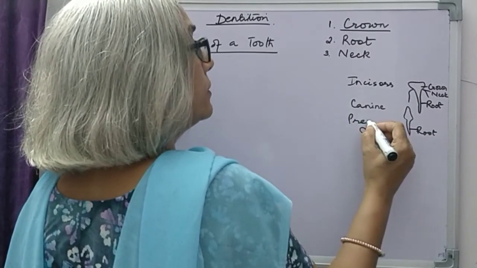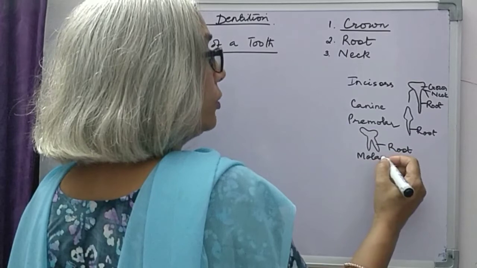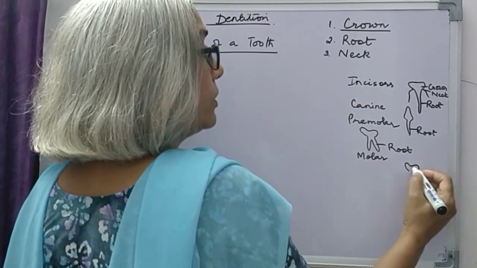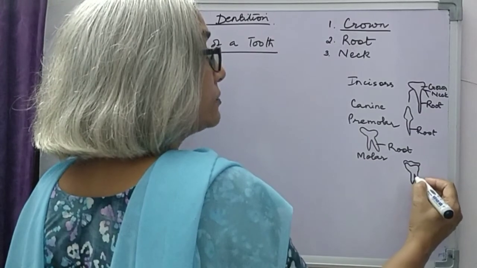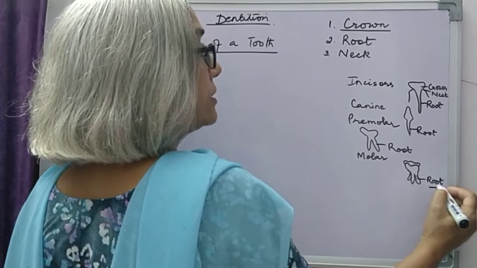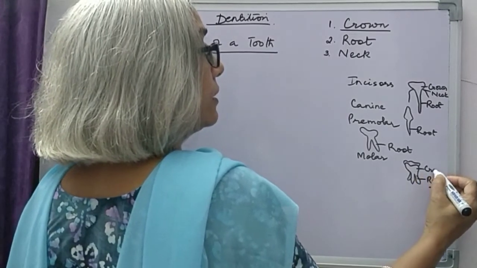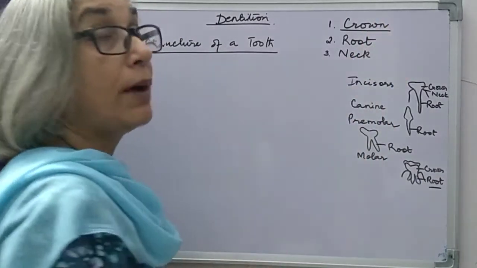This is the shape of premolar. And then the fourth kind of tooth is the molar, which have 3 to 5 cusps, and the root may have 3 processes. This is the crown. So these are the 3 main parts.